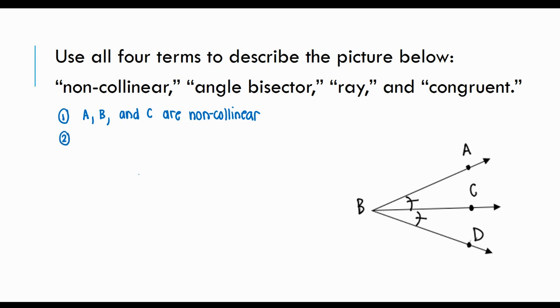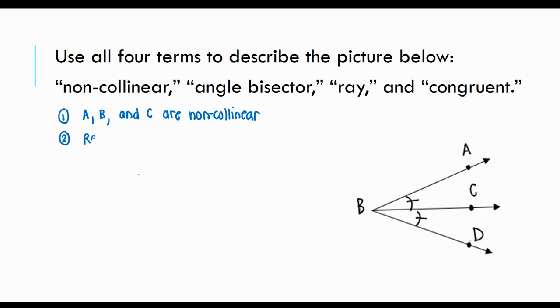If my next vocab word is angle bisector, well, to bisect an angle means that you're dividing it into two equal pieces. When you're talking about an angle, it's the ray that bisects it. So notice that the ray that's bisecting the angle is the ray BC. So actually, I'm going to be able to use this one statement, and I can maybe use all three of these words. So notice ray.